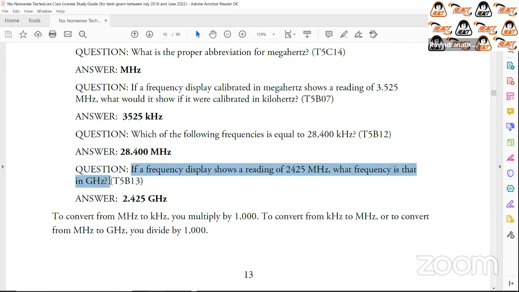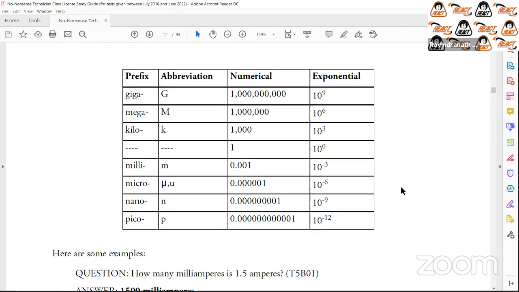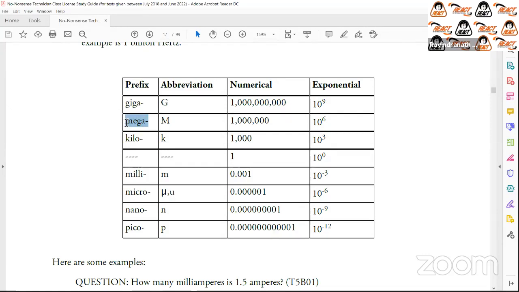Let's deal with this next question. If a frequency display shows a reading of 2,425 megahertz, what frequency is that in gigahertz? So what they're really asking us to do here is convert from megahertz to gigahertz. So let's look at our trusty table once again, and look at the mega prefix and the giga prefix. How do we go between these two?